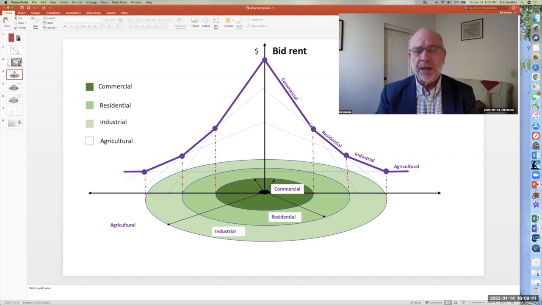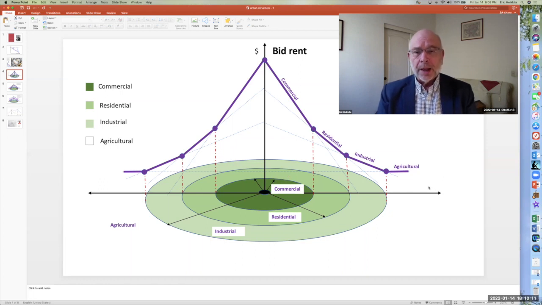In this representation, the bid rent curve for commercial land is the steepest, then residential land, then industrial. And as shown here, the value associated with agricultural land is presumed to be independent of distance to the downtown core.